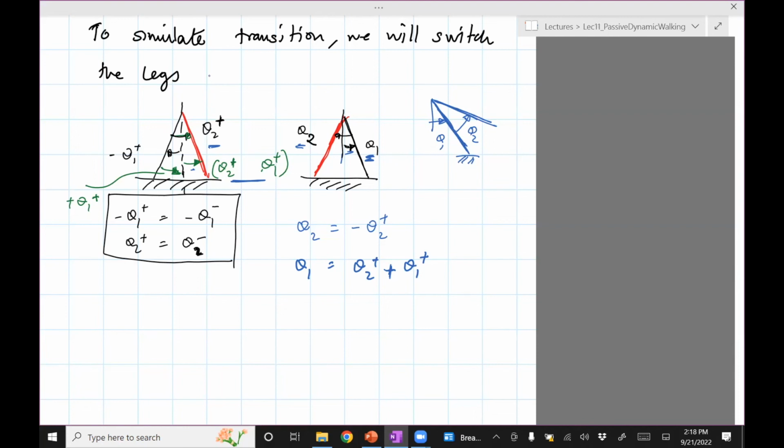Minus theta1. Right, yeah, so this should be theta1 positive, and that's because the sign is already taken into account here, right?